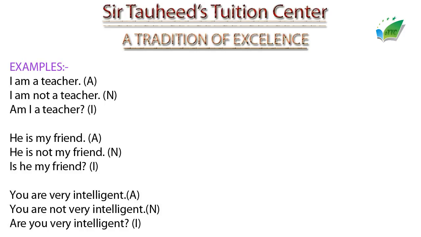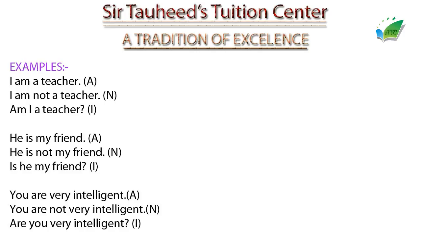So we have to use am after I. After I we use am, and then we use object, and the object here is a teacher. Basically this is not an object, this is a kind of description. This is an adjective. So the sentence will become like this: I am a teacher.